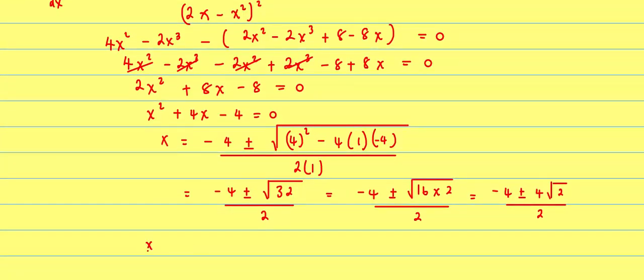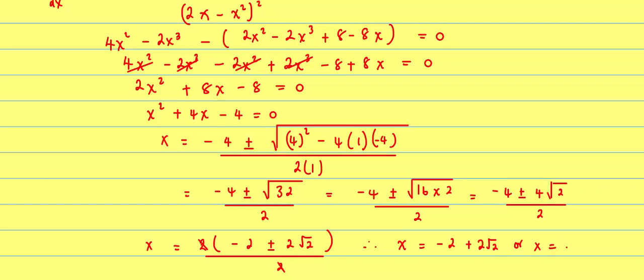If we do that we will find that x will be equal to, if I factor out 2 at the top, 2 lots of minus 2 plus or minus 2 root 2 all over 2. Now this 2 is going to cancel out with this one here, therefore my x is going to be equal to minus 2 plus 2 root 2, or the x is going to be equal to minus 2 minus 2 root 2. So these are the two x coordinates that are going to be at the turning point of the required curve.